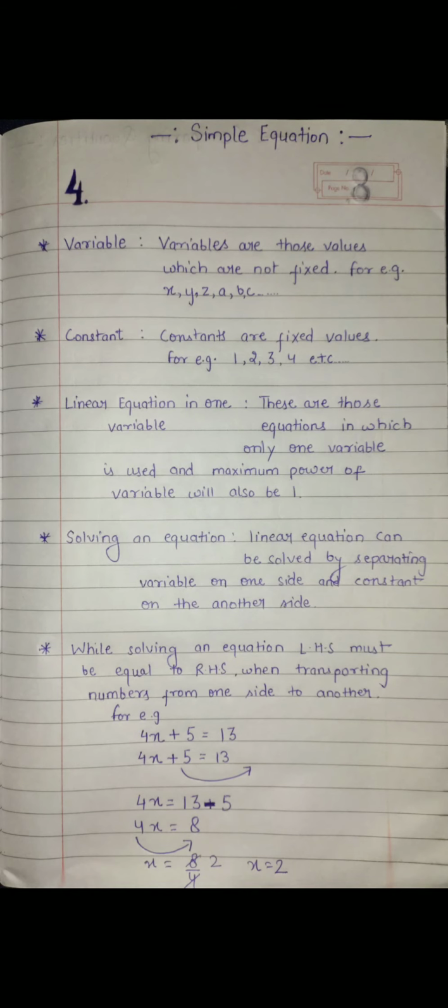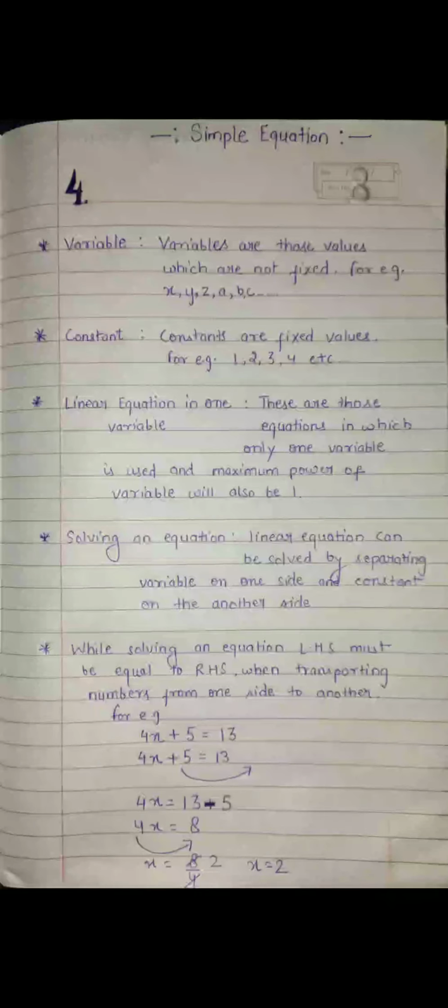I know you get confused talking about what is power and all, but that is not necessary this year. That will be included in your syllabus next year. Next year you are going to study powers in equations also. For the time being, you have to understand that you are going to solve linear equations, that is without powers, and only one variable in one equation. That is why they are called simple equations.